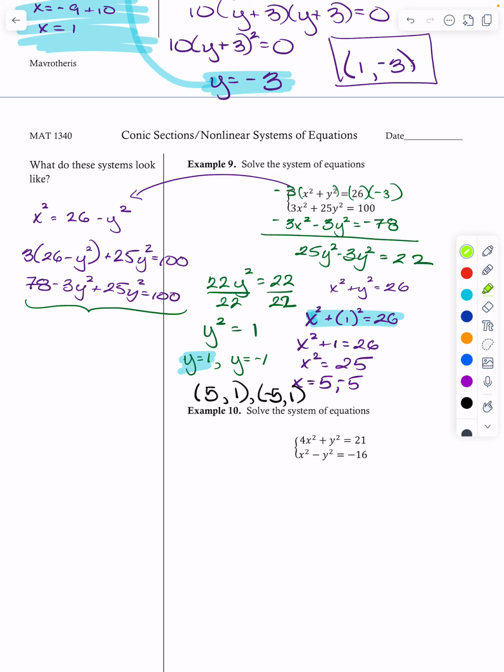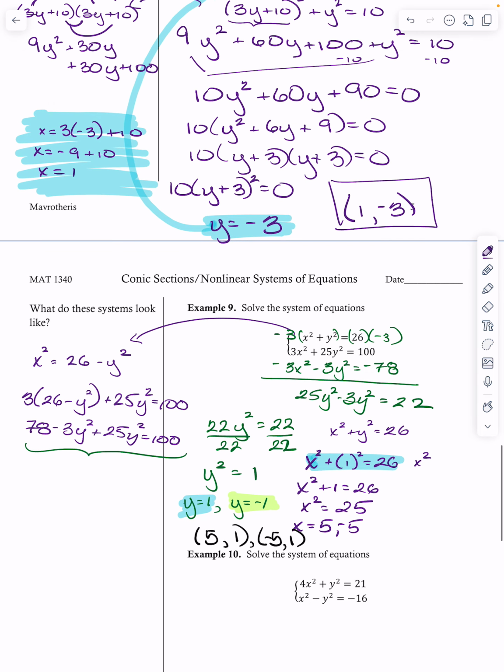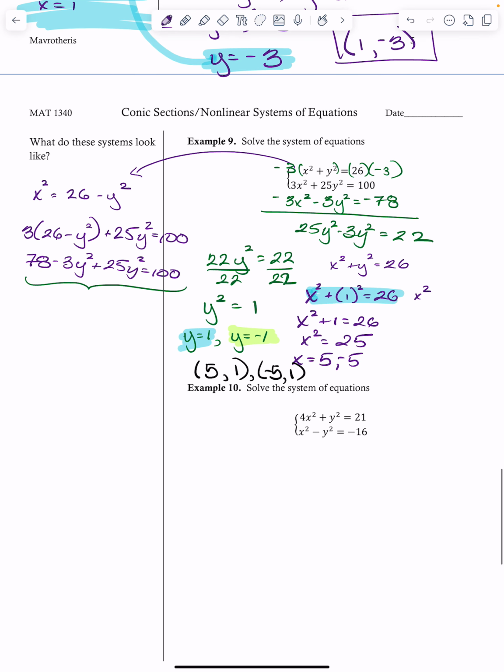Second thing we're going to do is the same thing with y equal -1. I'm going to slide this down so I can see. I get x squared plus -1 squared, and you can see what's going on here. X squared plus 1, x squared is 25, and I get, again, x equals 5 or -5.